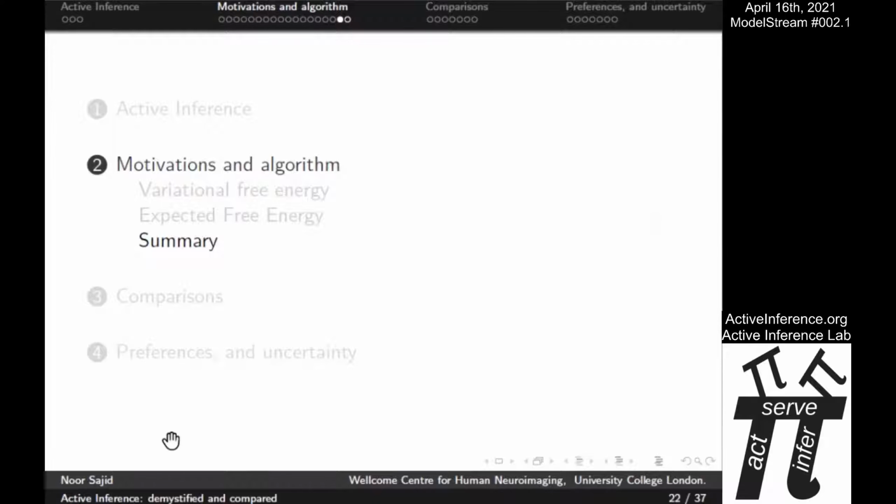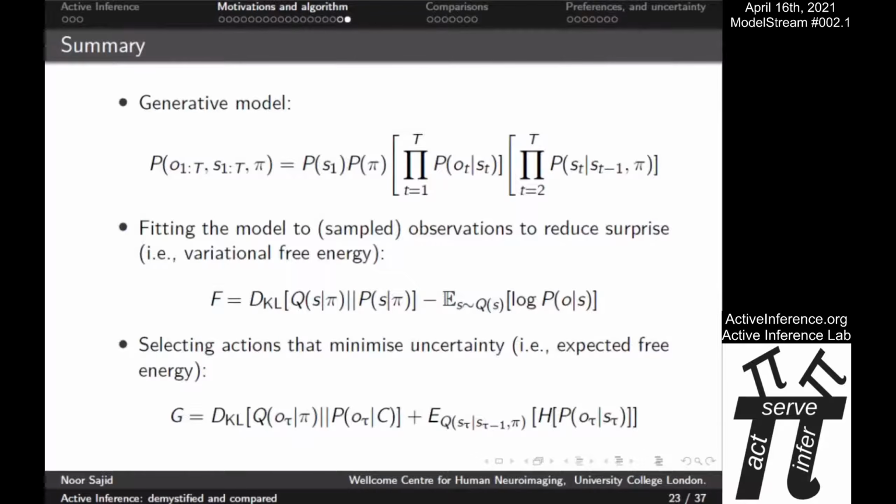But the key thing to note here is that there are 3 particular aspects to the active inference algorithm that are useful and can be taken from this framework and applied to other settings. So I'm just going to reiterate and summarize them briefly. So we first have the generative model that's crucial. In order for an agent to interact and minimize its surprise, it needs a generative model of the world.